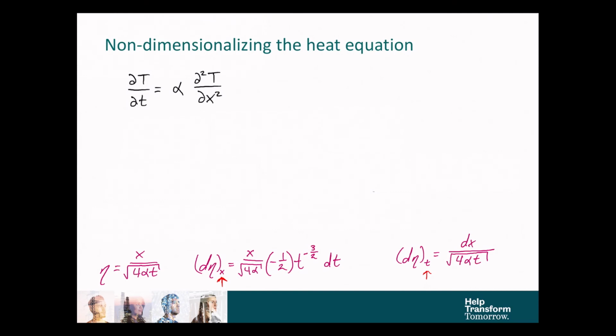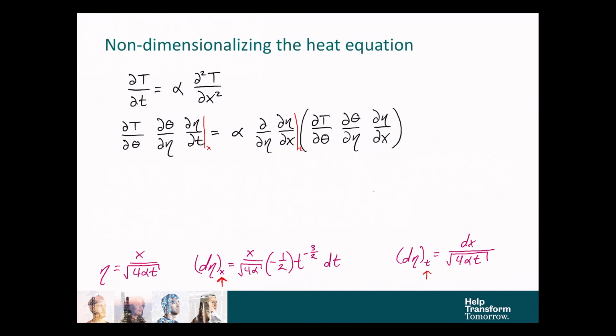So starting with the left-hand side of the equation, we expand it using our 2 non-dimensional parameters, theta and eta. Because we're focused on the time derivative, we're holding x constant for this eta differentiation. Then we look at the x derivatives of temperature, and when we differentiate eta in this instance, we're holding t constant.